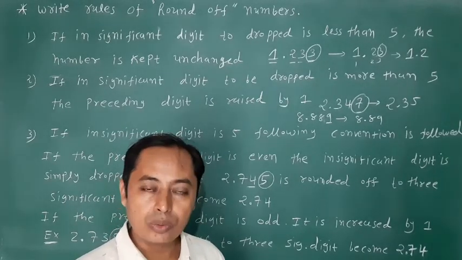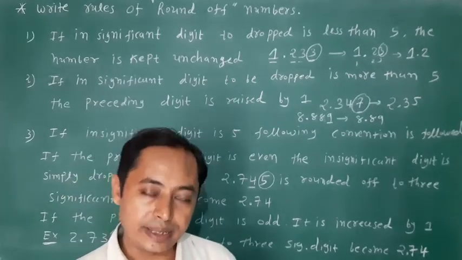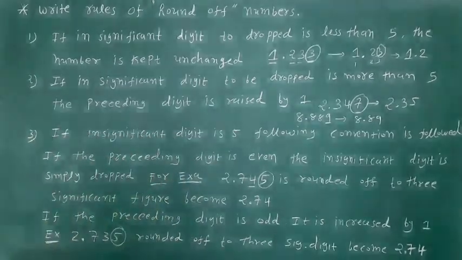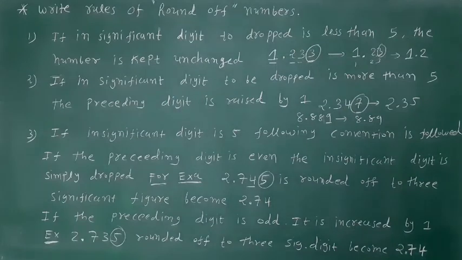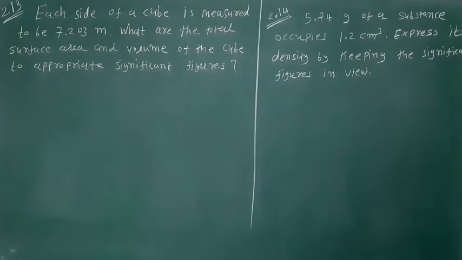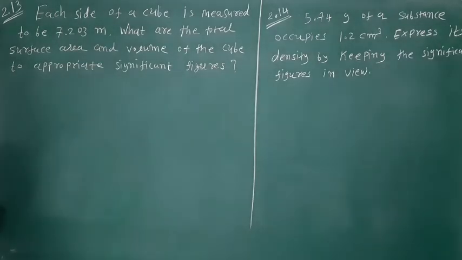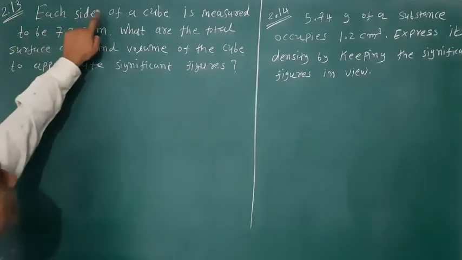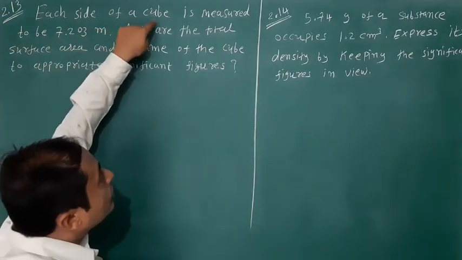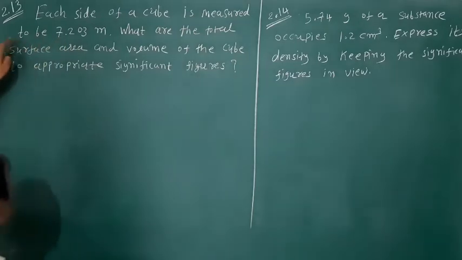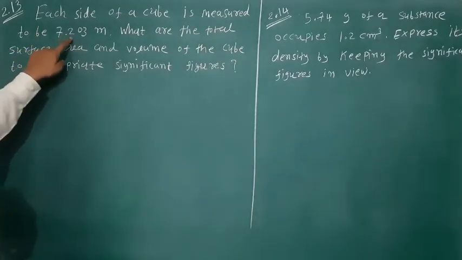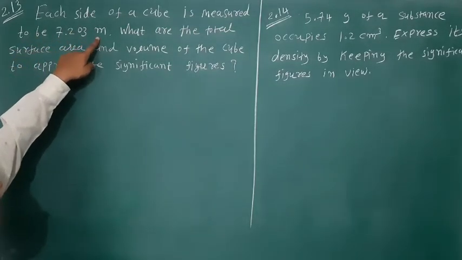And now we show some examples. Friends, two examples. Look here, first: each side of a cube is measured to be 7.203 meter.